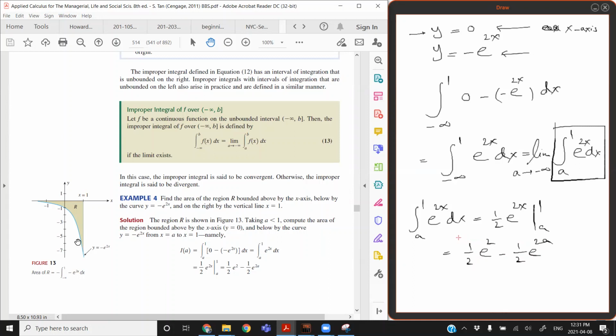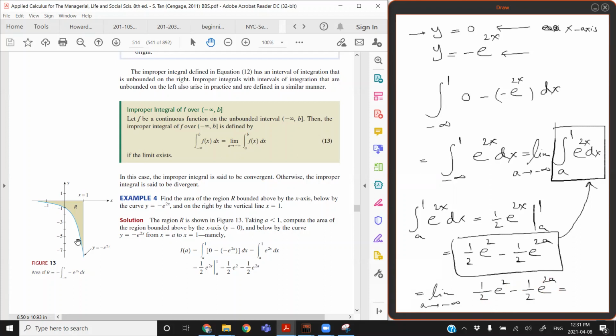So at this point, I can replace this here with the value. I take the limit. So the answer is going to be the limit as a approaches minus infinity of 1 over 2 e to 2 minus 1 over 2 e to the power of 2a.